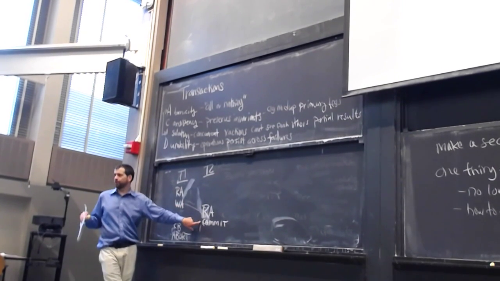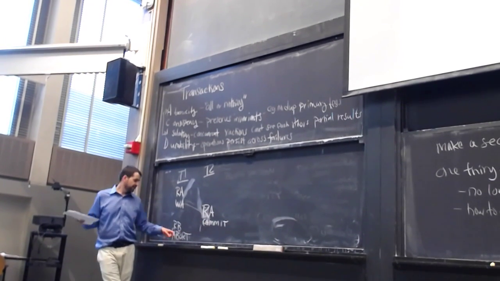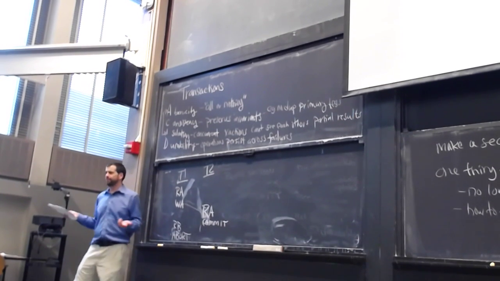It's not really possible to go back and undo the effect of T2, because it's already been released into the world. And yet, that value that he read shouldn't have been visible to the world.